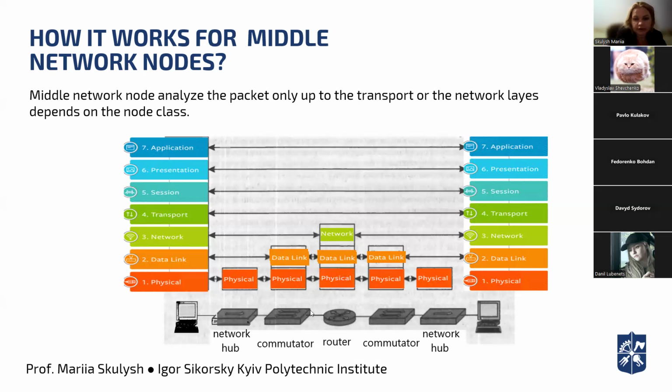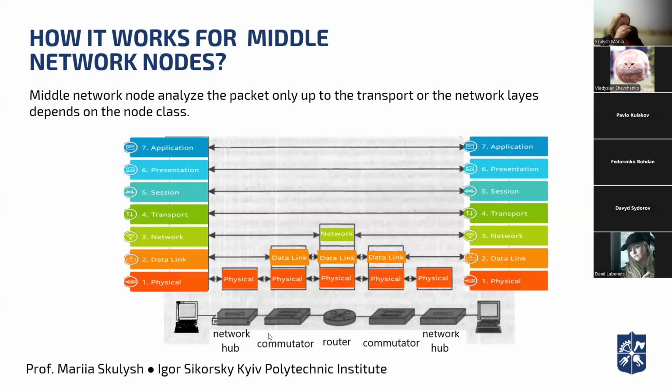So for example, a network hub: we have different nodes in the network, and a network hub just retransmits to the next step on the physical layer, from one environment to another environment.